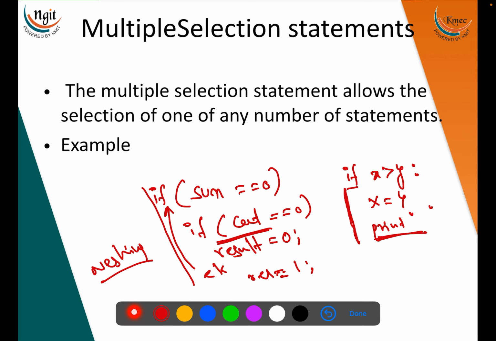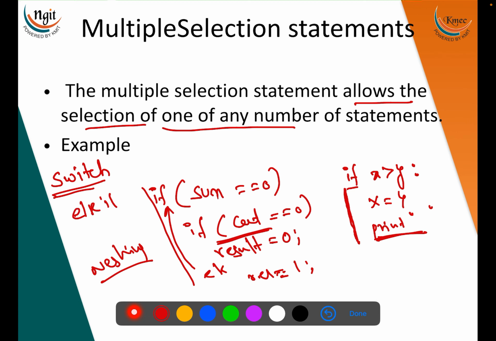Now we'll talk about multiple selection statements. The multiple selection statement allows the selection of one of any number of statements. You can recall the concepts from previous programming languages, which are switch, or else-if ladder. Both are multiple selection statements.